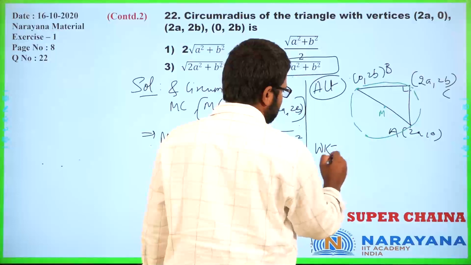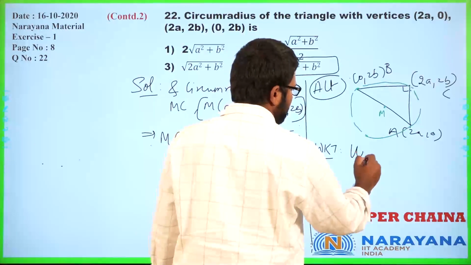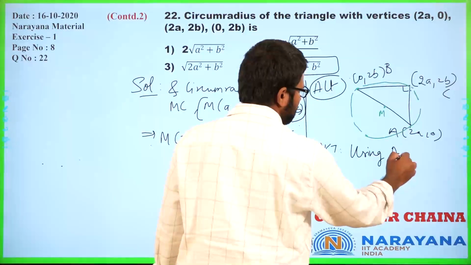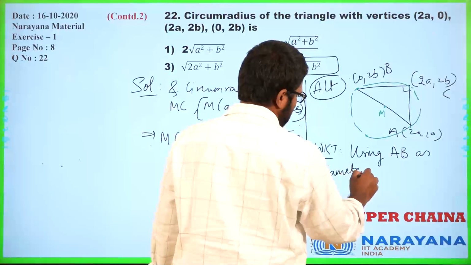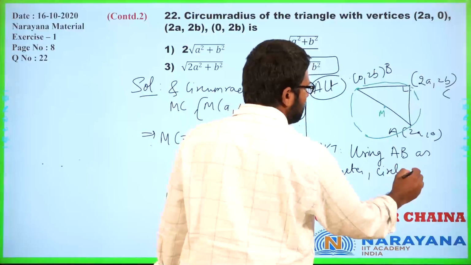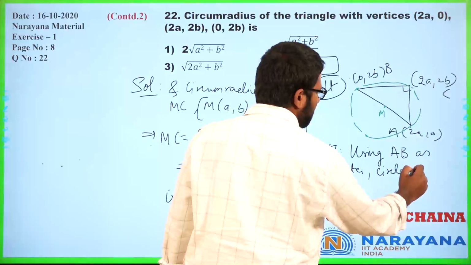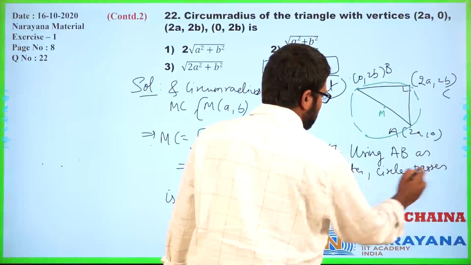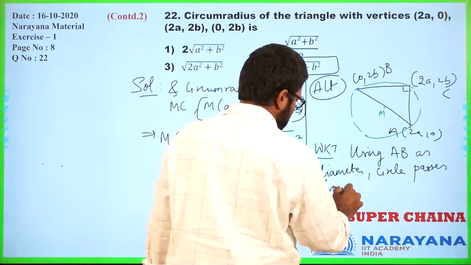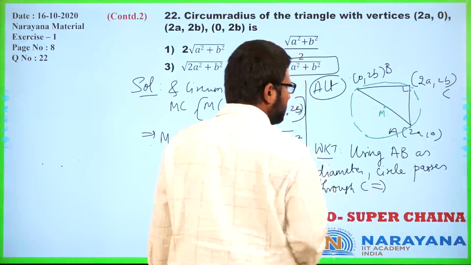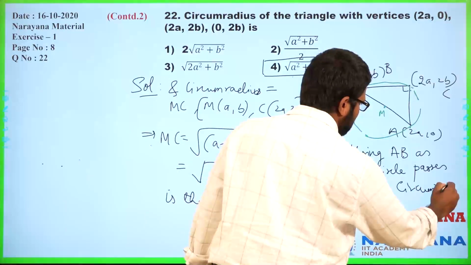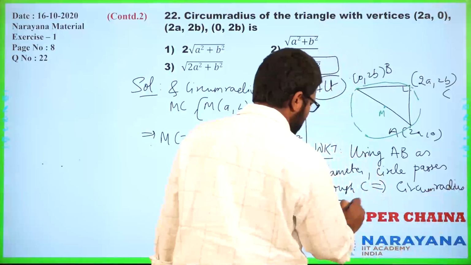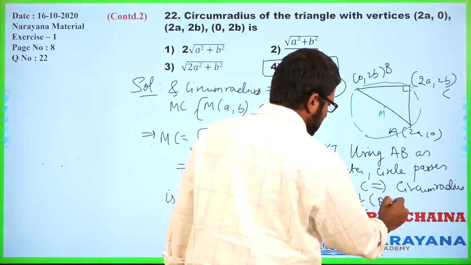We know that using AB as diameter, the circle passes through C, which means the circumradius would be equal to half of AB.